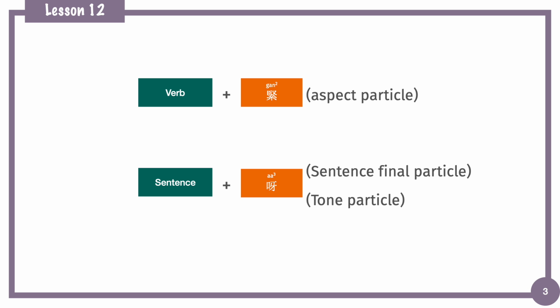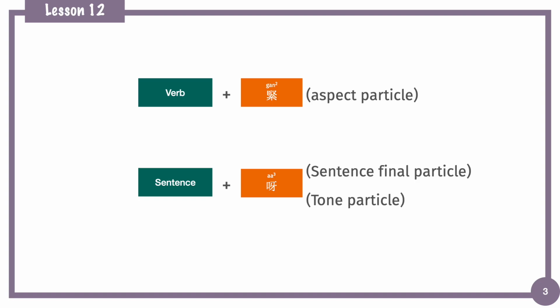Then we will talk about the sentence final particle. In Cantonese, we have different types of particles, such as the aspect particle is one of them. The aspect particle is added after the verb. And another type of particle, we call the sentence final particle or the tone particle. In many other languages, we can change the emotion of the sentence by putting emphasis or changing the pitch of some of the words to show our emotions.